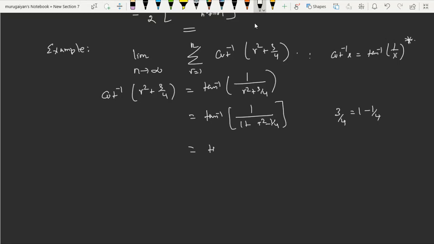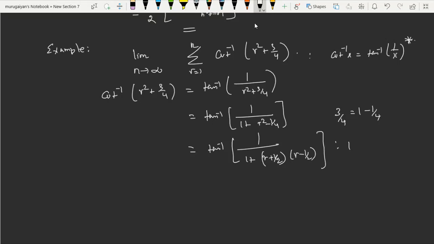Then tan inverse of 1 by 1 plus r square minus 1 by 4. After factorization, r plus 1 by 2 and r minus 1 by 2. The difference of these two factors, r plus 1 by 2 and r minus 1 by 2, is nothing but 1.